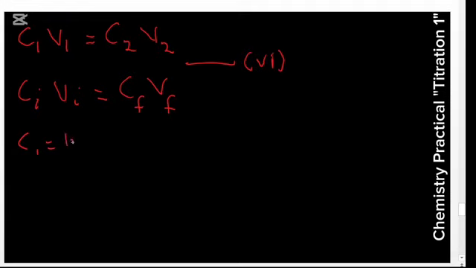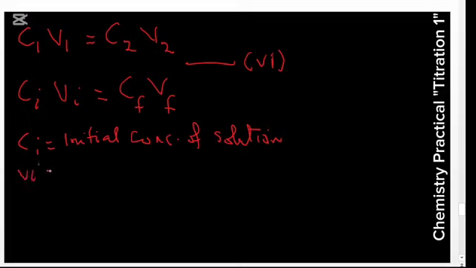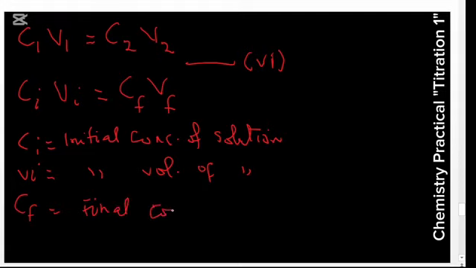Vi represents initial volume of solution. Cf represents final concentration of solution, while Vf represents final volume of solution. Is that clear? So CiVi equals CfVf.